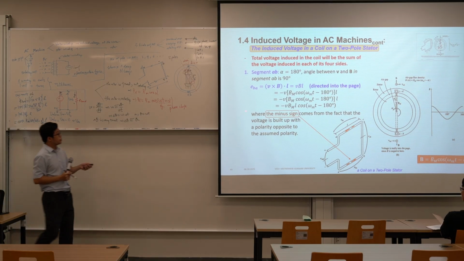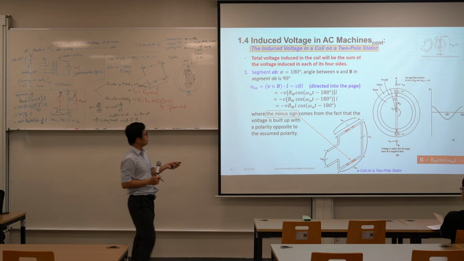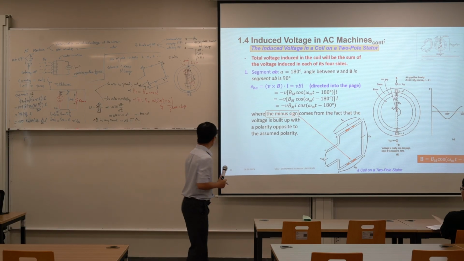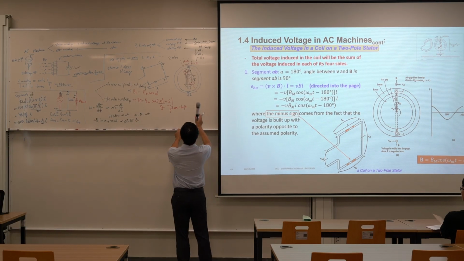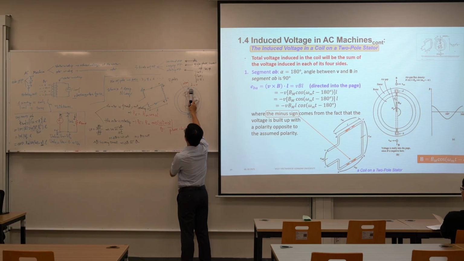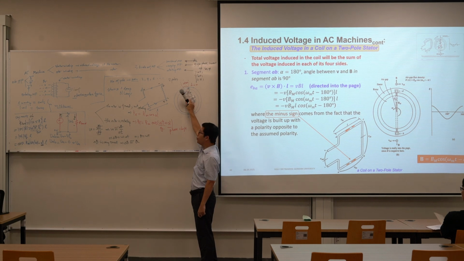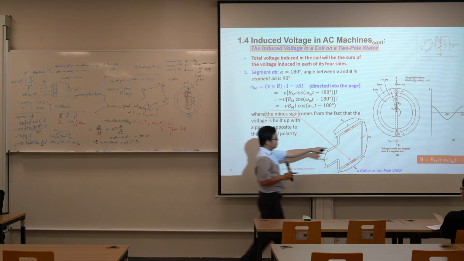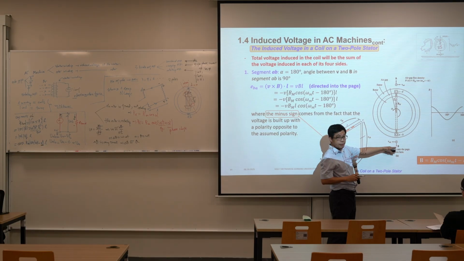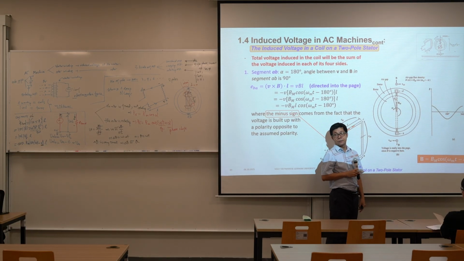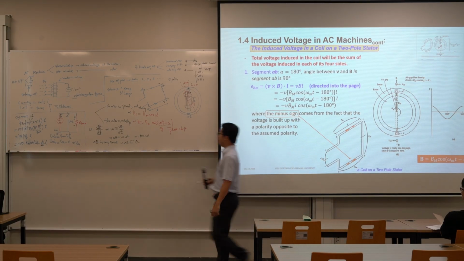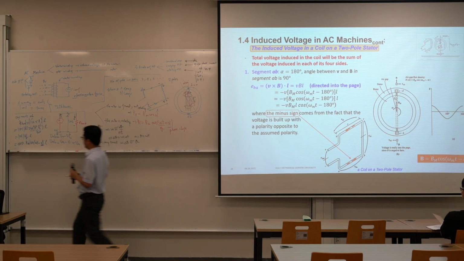We have minus and we have the phase angle. Look, if we consider the rotor's position like this, at phase 0 degrees, now we rotate. Now the direction of B is going down. So we have minus 180 degrees.